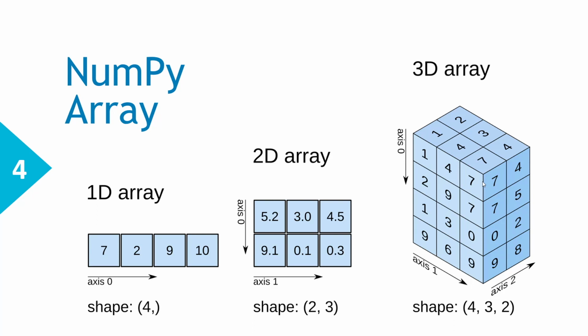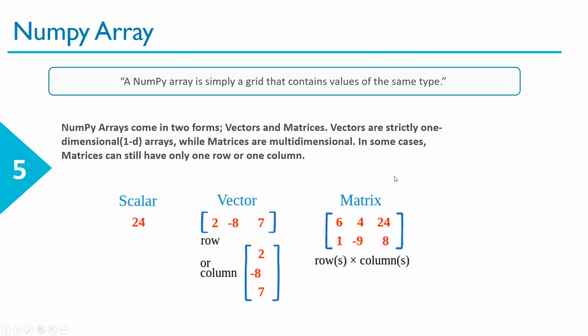We have given a pictorial representation of the NumPy arrays, which are broadly classified into two categories, that is vectors and matrices. So here is a simple definition of a NumPy array. A NumPy array is simply a grid that contains values of the same type. From this definition, you can easily distinguish between a simple Python list and a NumPy array.